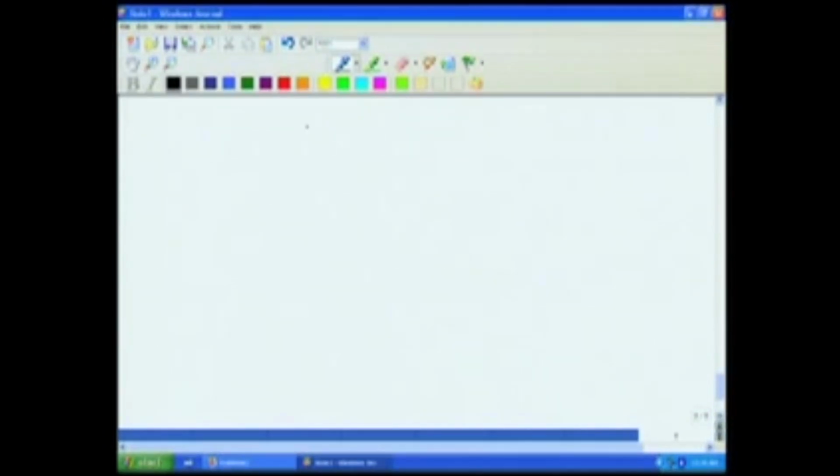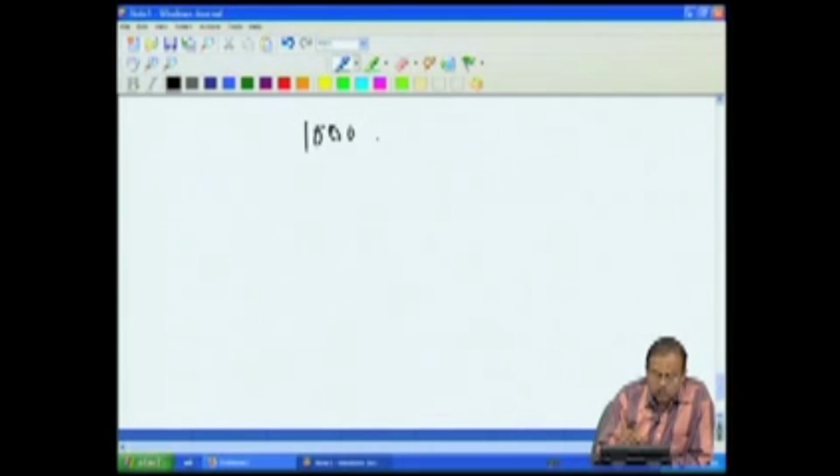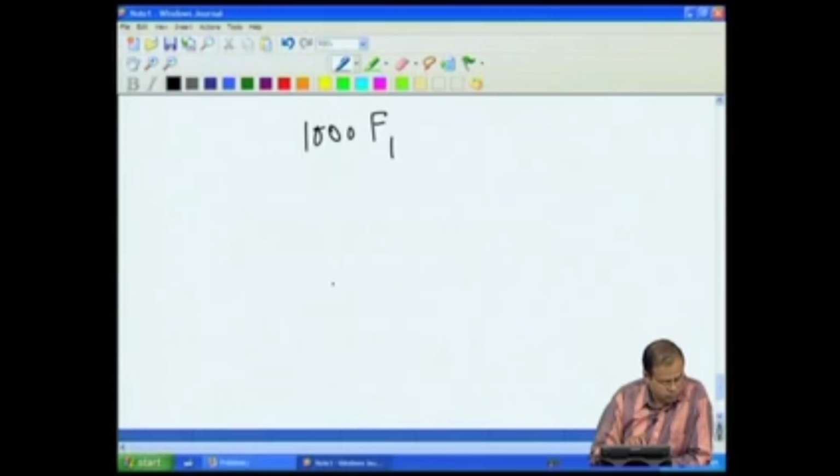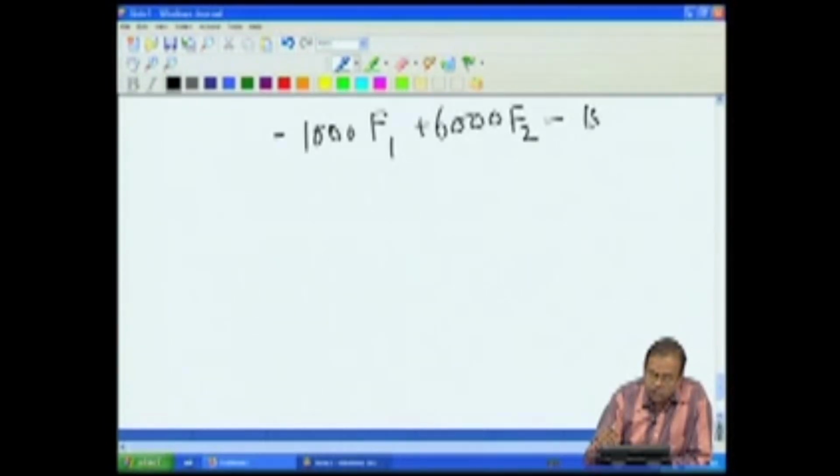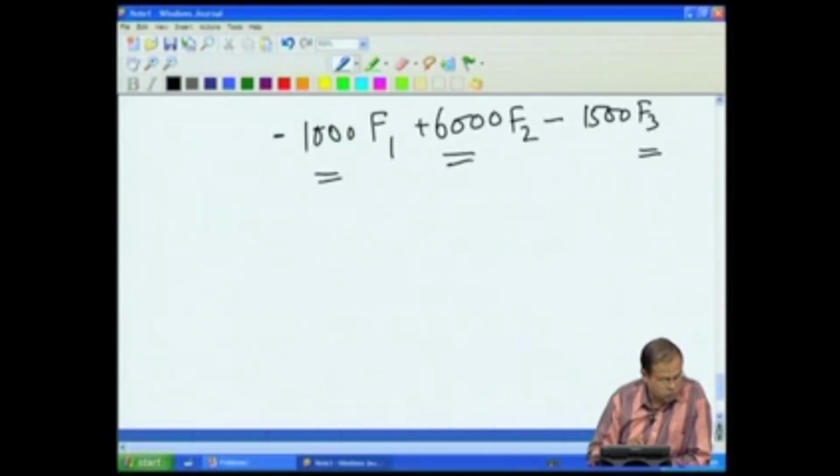We need to find out minus 1000, that is a cost, into F1, the molar flow rate of species 1, plus 6000 into F2, the price I will fetch by selling my desired product A2, minus 1500 into F3, which I want to dispose of, which costs money. That is the raw material cost and the selling price of my desired product.